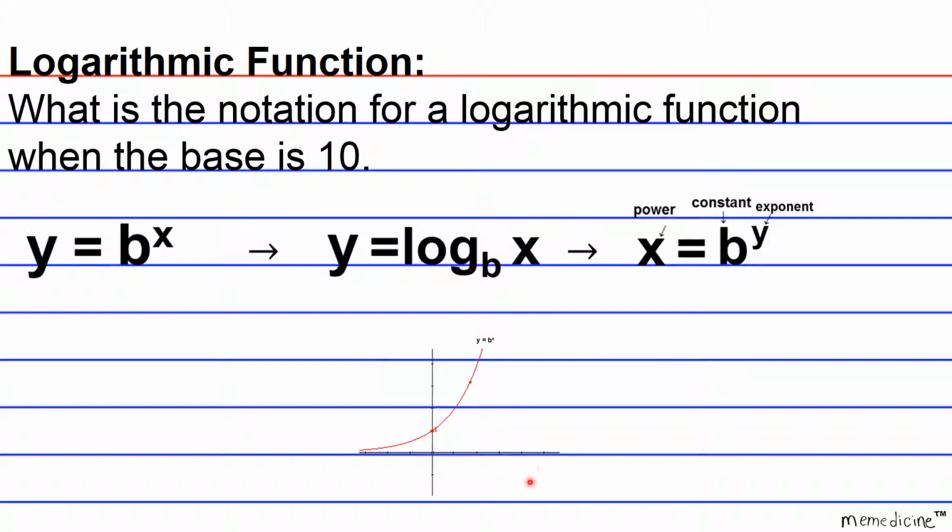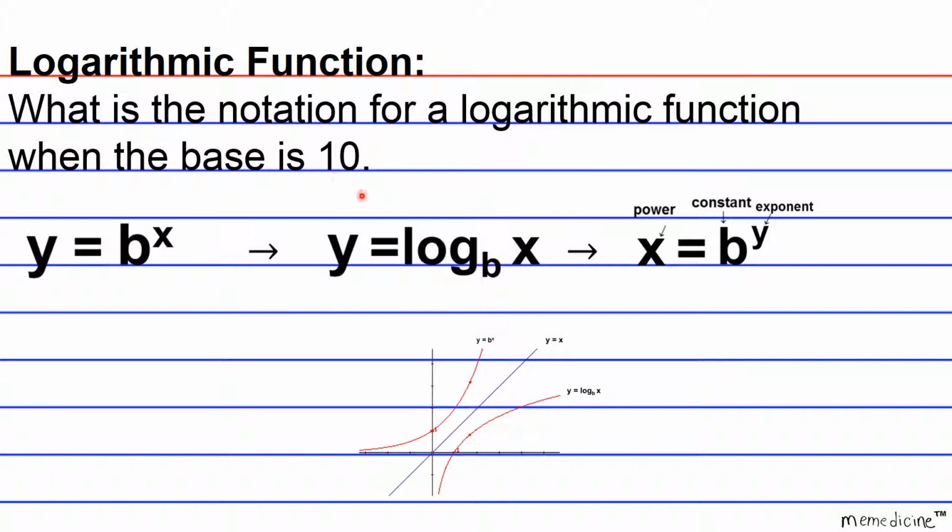And on a coordinate plane, the graph of the logarithmic function is going to be the graph of the corresponding exponential function that we have here, reflected over the line y equals x. Okay, so here goes our logarithmic function graph. And now let's get to this bad boy, base 10.